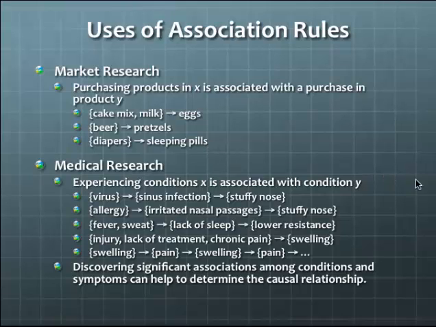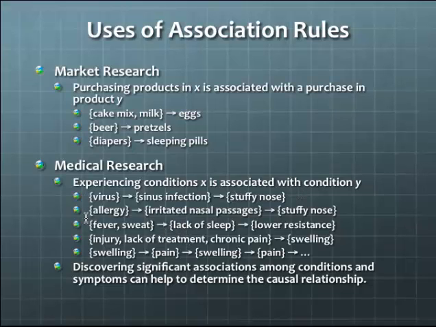Association rules are also widely used in medical research. They are used to analyze whether experiencing condition X is associated with condition Y. For example, if a patient has a virus infection and sinus infection, he is going to have a stuffy nose.